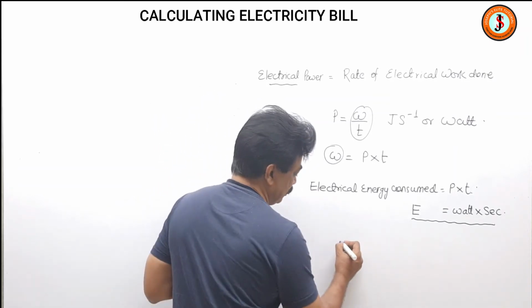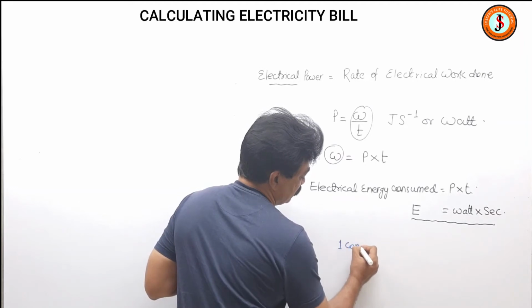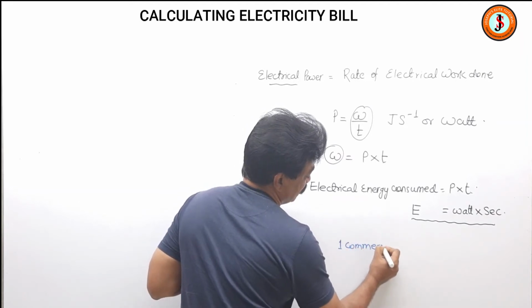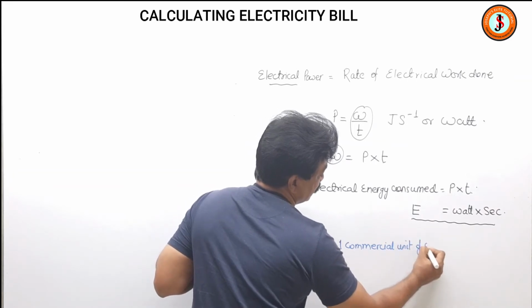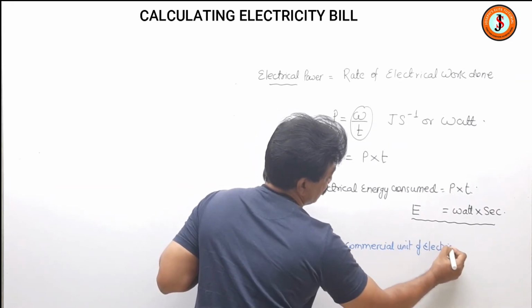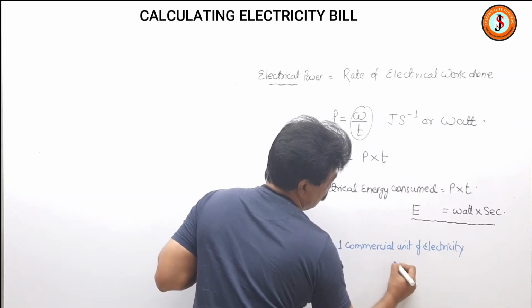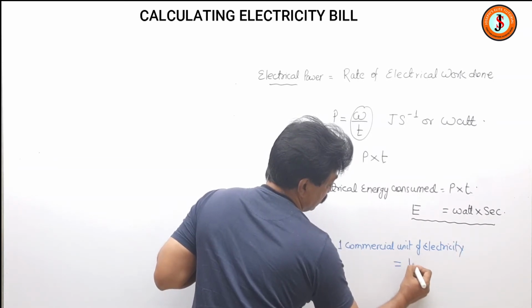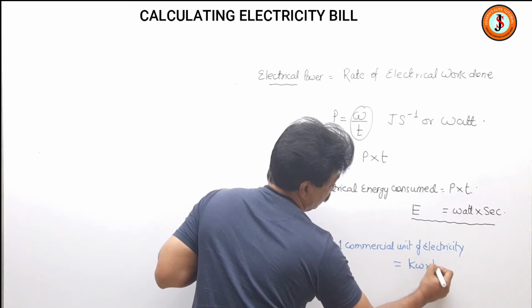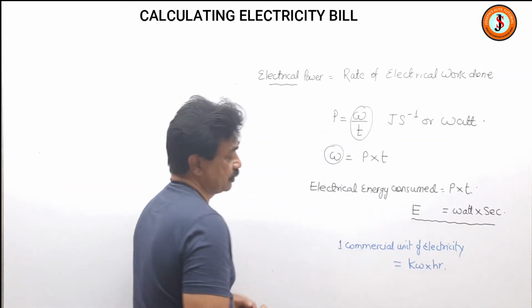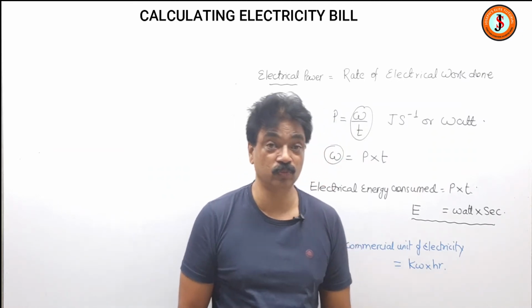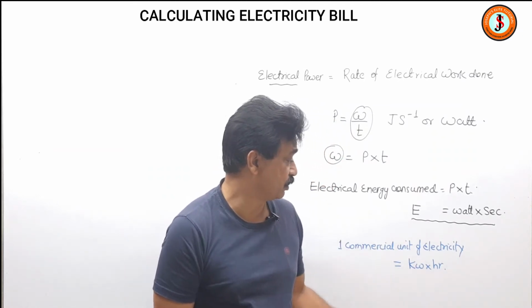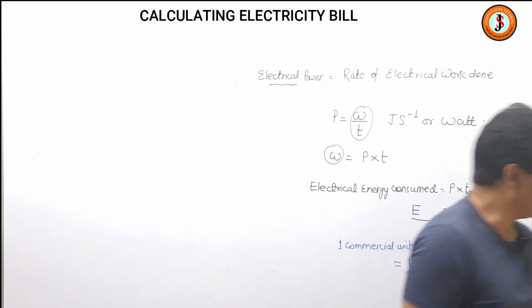One commercial unit of electricity is equal to kilowatt into hour. That is electrical energy consumed, that is commercial unit of electricity, 1 kilowatt hour.